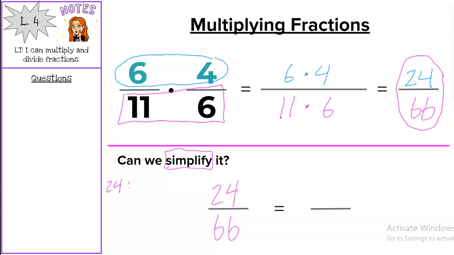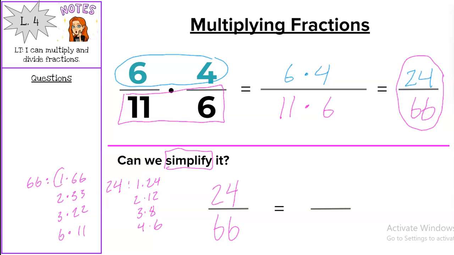Our factors of 24 are 1 times 24, 2 times 12, 3 times 8, and 4 times 6. And then our factors of 66 are 1 times 66, 2 times 33, 3 times 22, 6 times 11. And then remember, we find the ones they have in common.